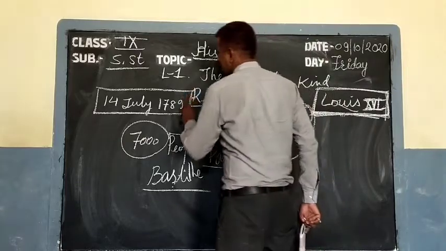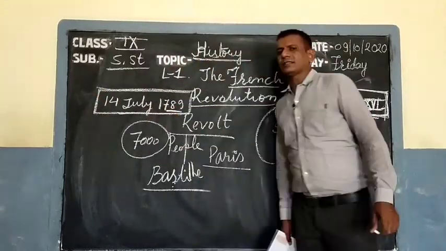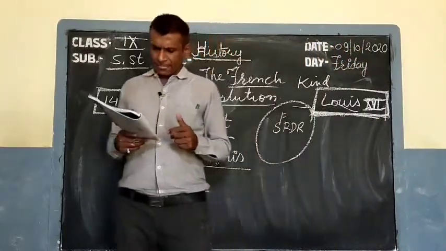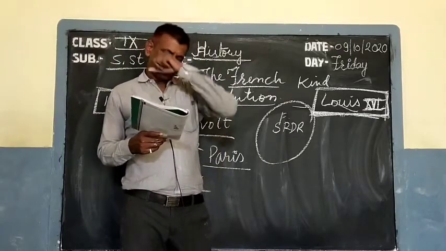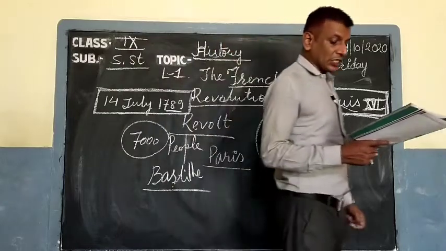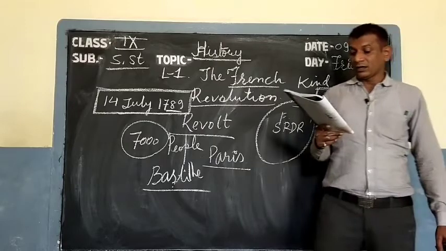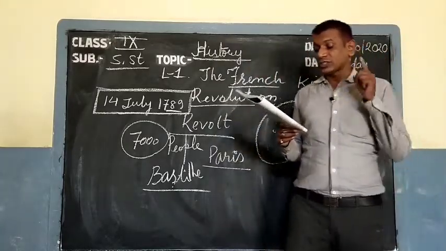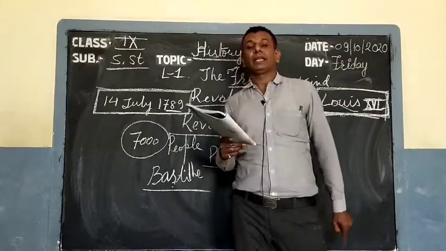So one reason was that by 1789, the population of France, you can say, increased very rapidly. It became 28 million in 1789, from 23 million, which was in 1715.